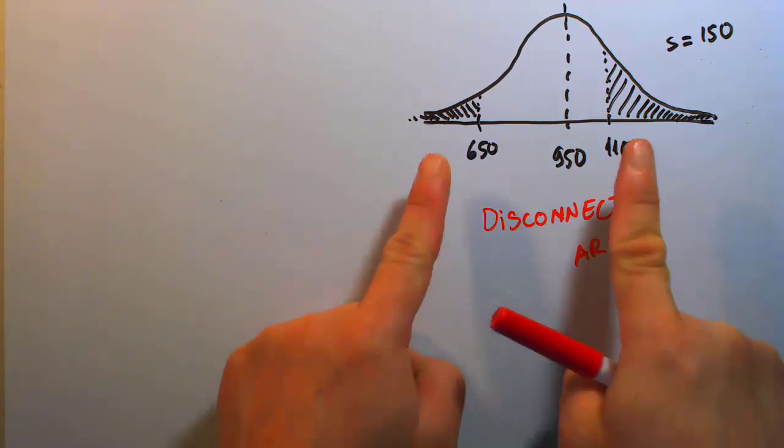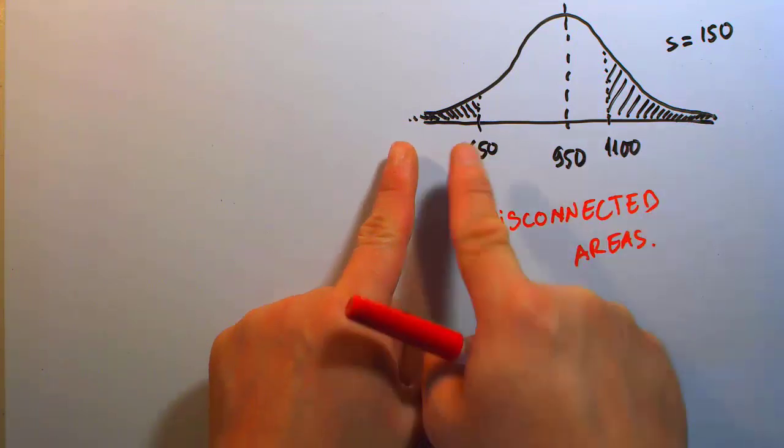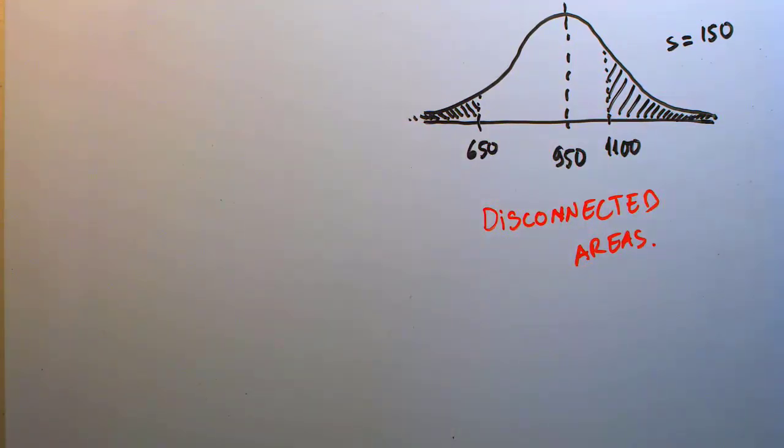It's just my term, but it indicates that it's not one area going all the way through, but there's a piece here and another piece there. Later on when you work on a bell curve formally, it happens a lot. And so I refer to that as disconnected areas.